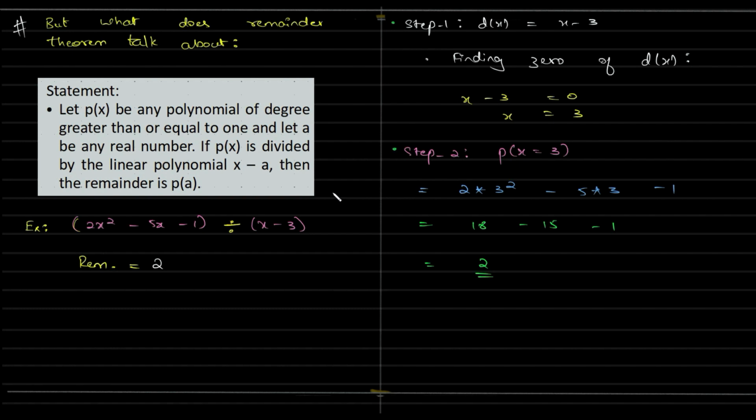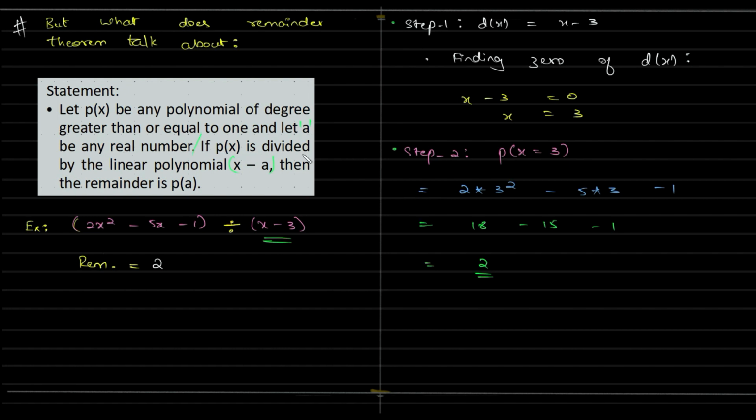So instead of doing all the division, you can do this. But there is a condition. And the condition is the divisor has to be a linear expression. Okay. So let's read the statement. Let p of x be a polynomial of degree greater than or equal to 1 and let a be a real number.